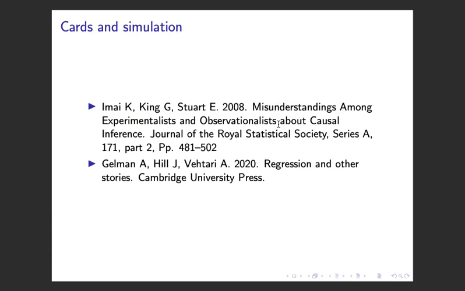It deserves to be read by all of us, Misunderstandings Among Experimentalists and Observationalists About Causal Inference. It's both excellent and not too difficult to follow. Then there's this delightful book by Gelman, Hill, Vehtari et al., Regression and Other Stories. So the type M errors, you'll find nice exposition here.